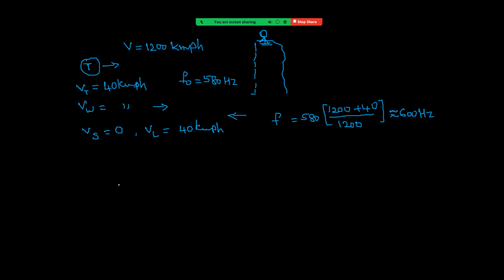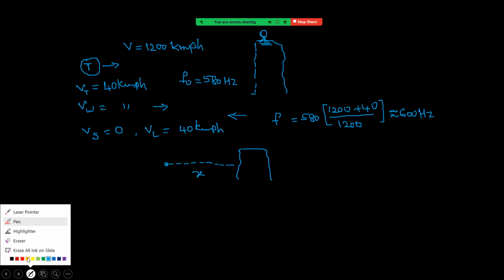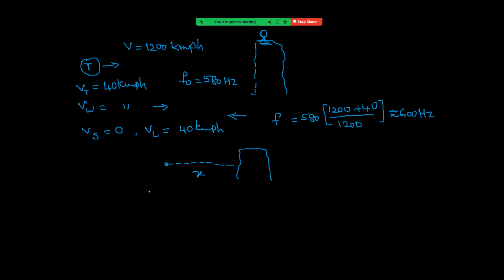Now coming to the second question. He is asking at what distance from the hill he hears the echo. Let us take this is a hill. At a distance x from the hill, he hears the echo.